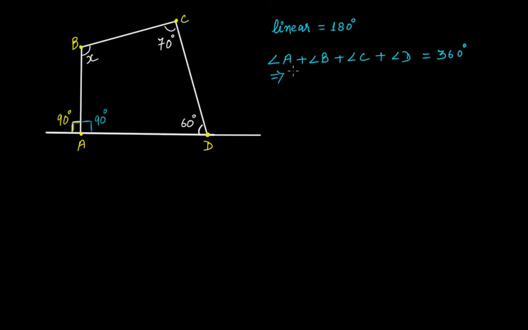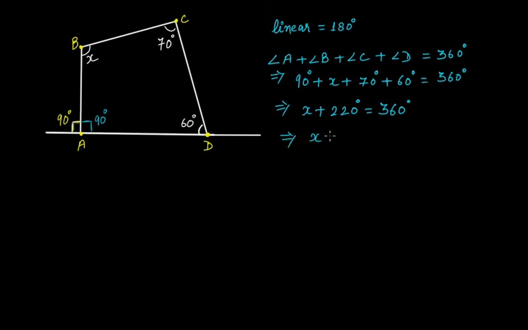If you solve it, A is 90, B is x, whose value we have to find, plus 70 degrees, plus 60 degrees is equal to 360 degrees. Now x plus 90 plus 70, 160 plus 60 is 220 degrees, is equal to 360 degrees.